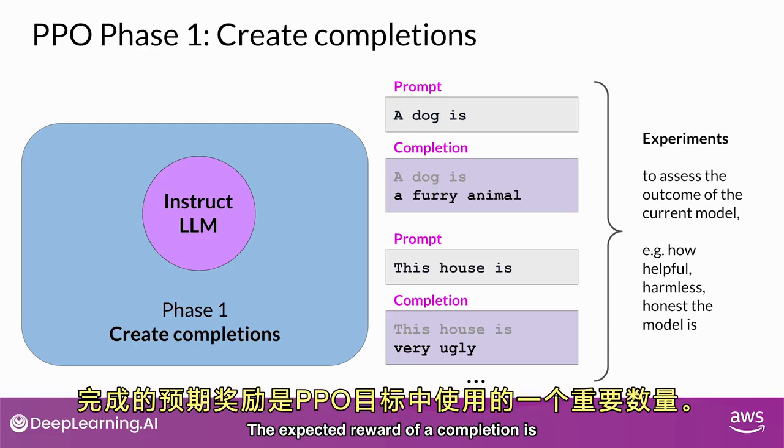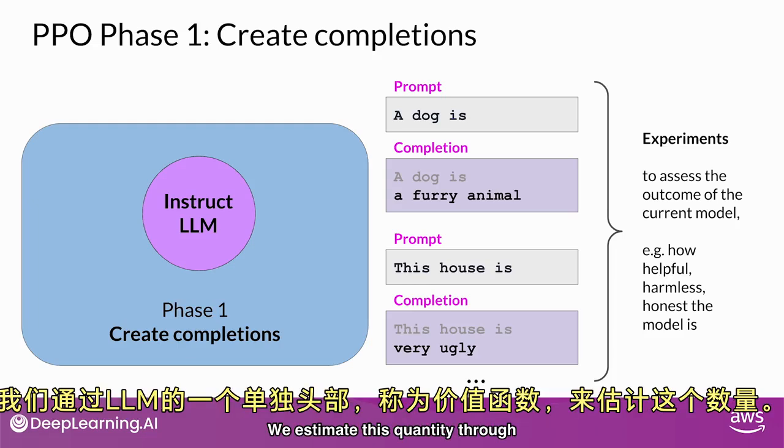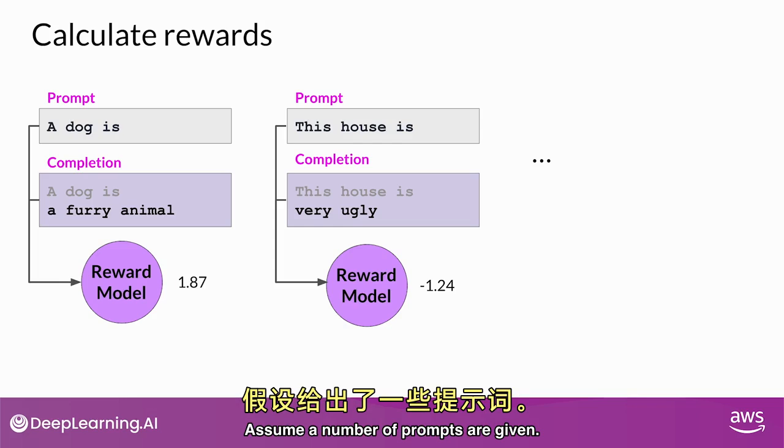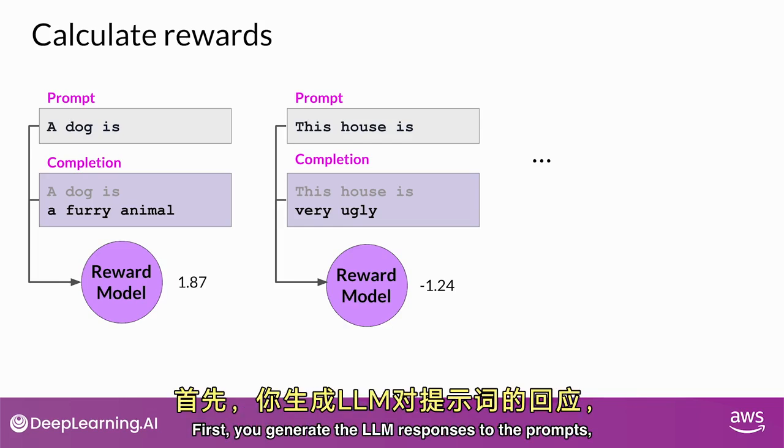The expected reward of a completion is an important quantity used in the PPO objective. We estimate this quantity through a separate head of the LLM called the value function. Let's have a closer look at the value function and the value loss. Assume a number of prompts are given. First, you generate the LLM responses to the prompts.